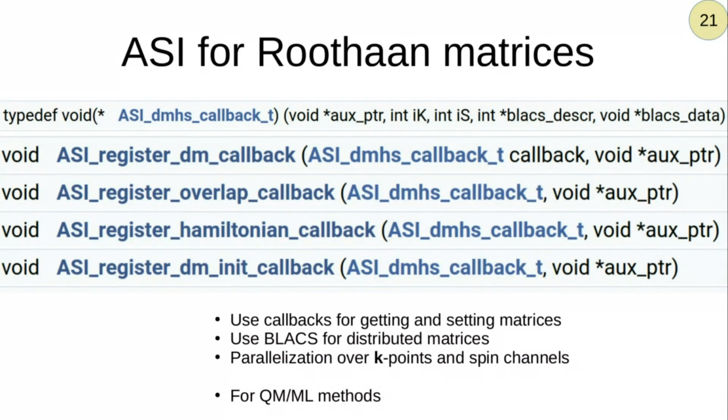We support parallelization over k-points and spin channels of these matrices. It also can be parallelized using the BLACS library, BLACS API, and of course these functions are mainly meant for QM/ML and machine learning interactions.